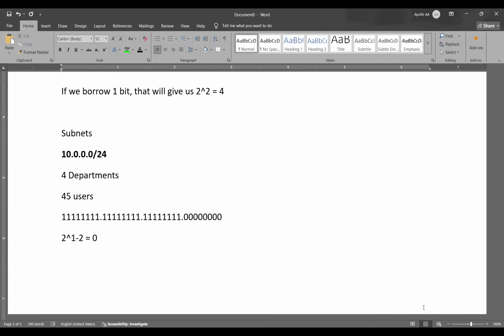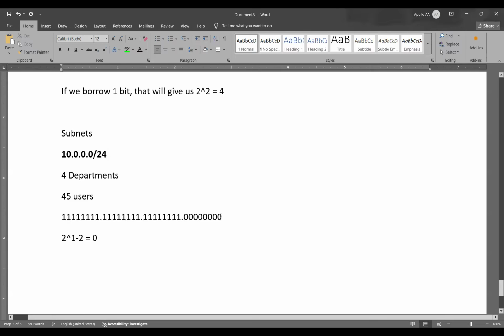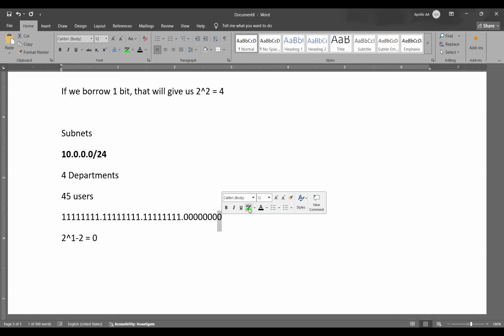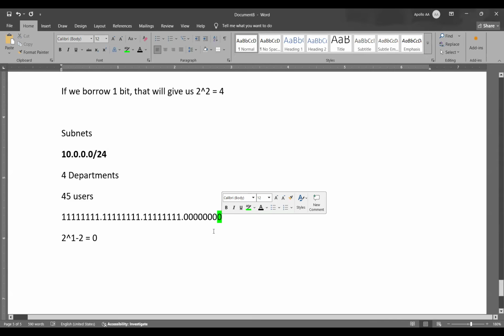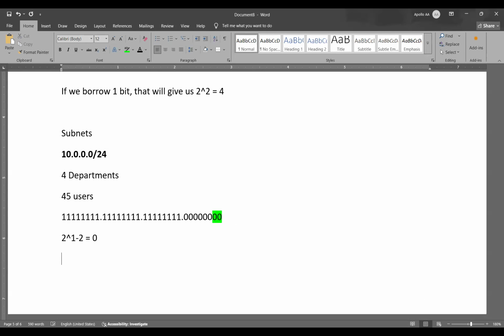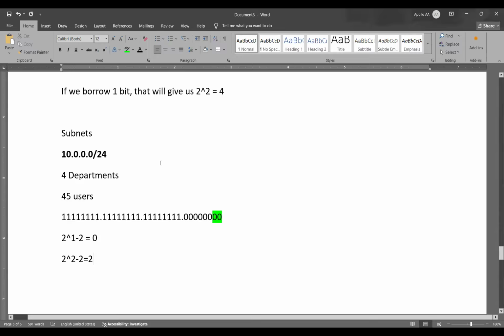So if we only remain with 1 host bit, it will not be enough. What if we remain with 2 host bits? 2 raised to power 2 minus 2 will give us 2 addresses. Still not enough for 45 users.